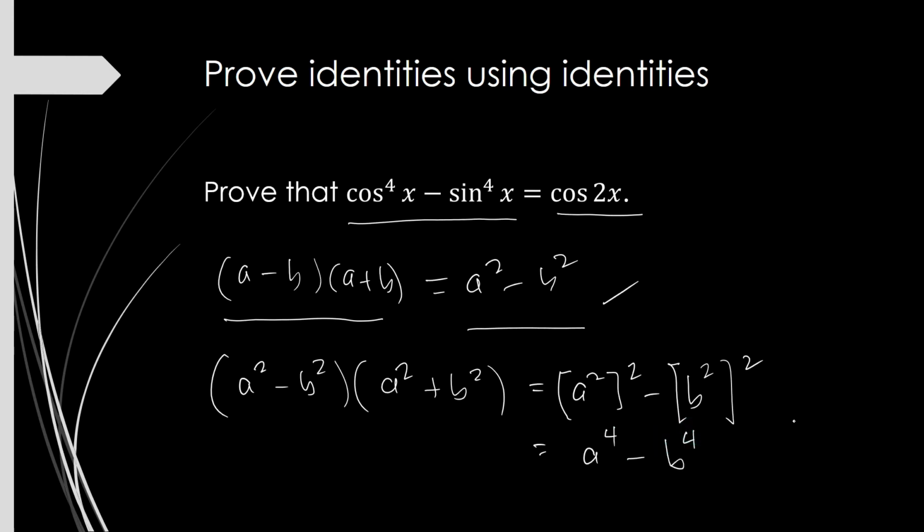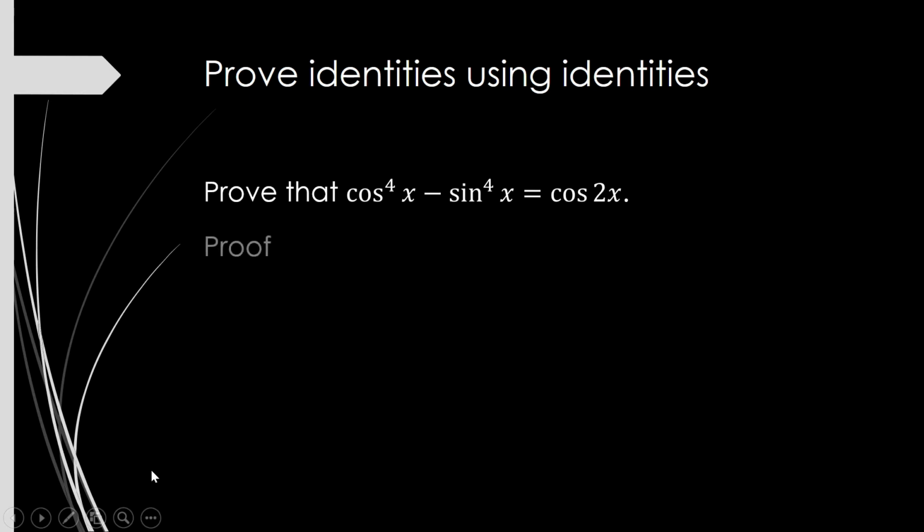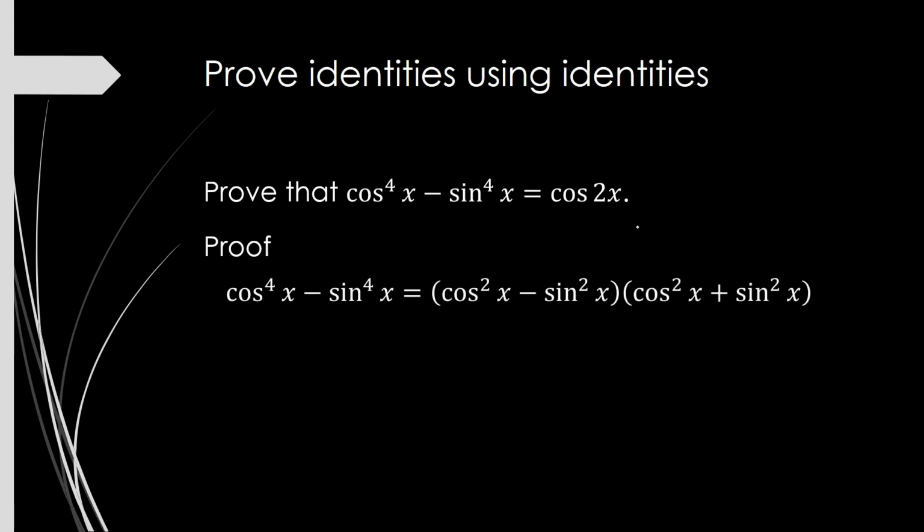So why did I do this? Because I want you to see what you can do with this expression. This means that this is equal to the square of cosine of x minus the square of sine of x, times this one.